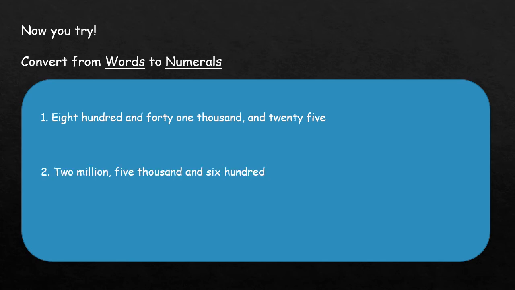The second one is 2,005,600 and 9,800,410. So do this slowly, step by step. Prepare your place value chart and put in the numbers one by one according to their families.